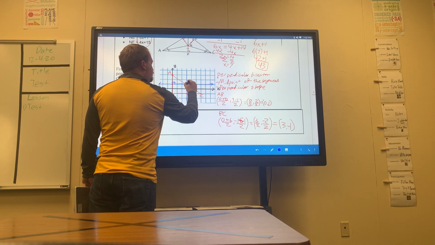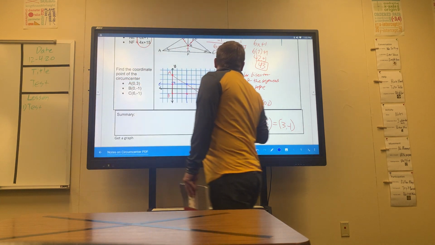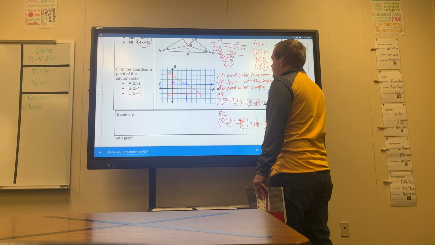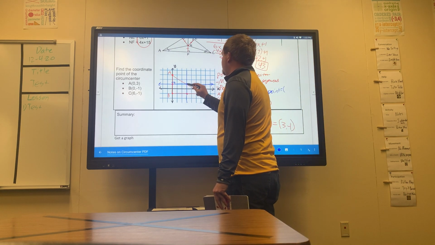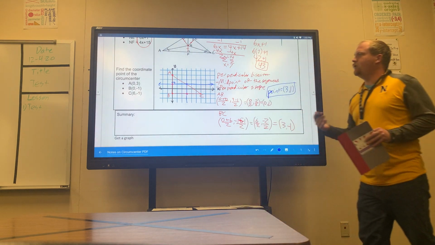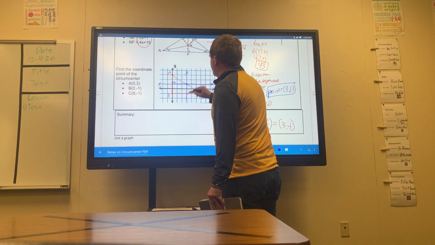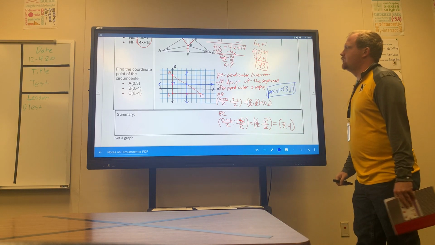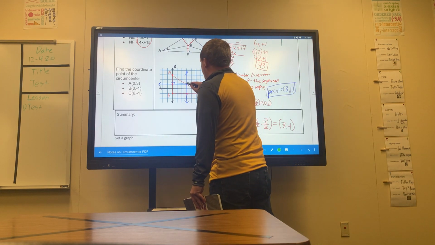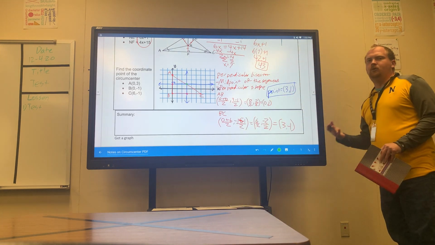And I got my intersection right here. So my point is at 3, 1. So the point of my circumcenter happens to be at 3, 1. And I can draw the arrows real quick. So this is the point that I'm looking for, and I'm going to shade this in green. So that's the point of my circumcenter.